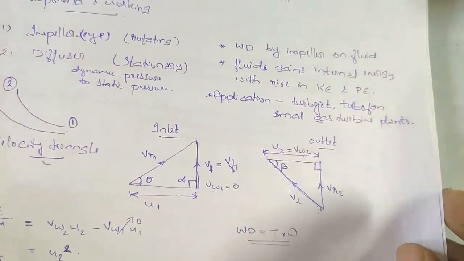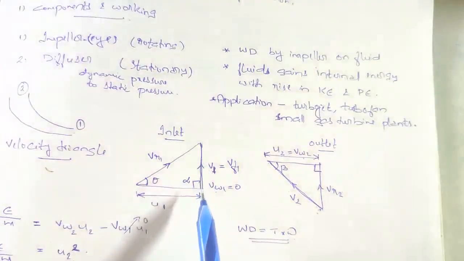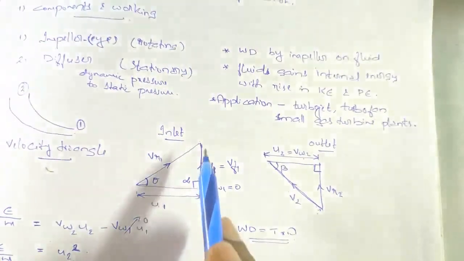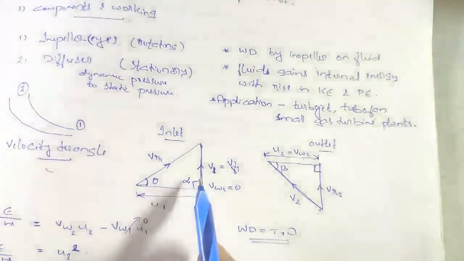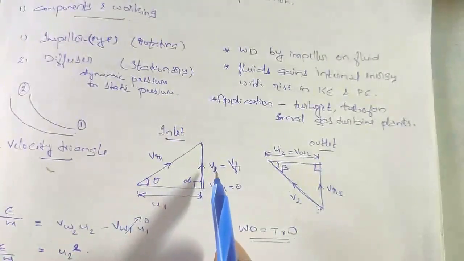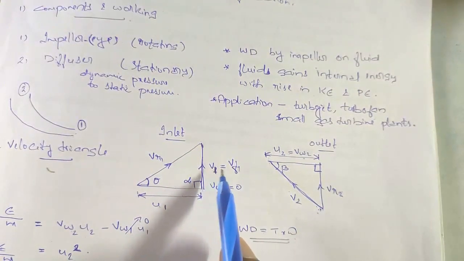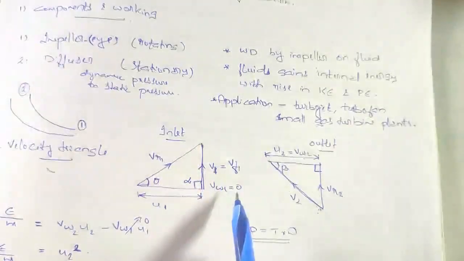This is the velocity V1 of air entering axially into the compressor impeller, with alpha at 90 degrees. V1 has two components: V1 is equal to Vf1, and as alpha is 90, Vw1 is equal to 0.